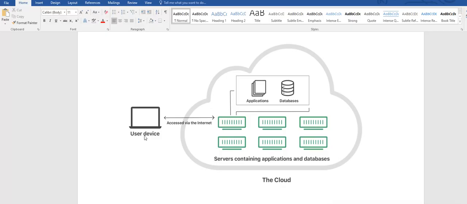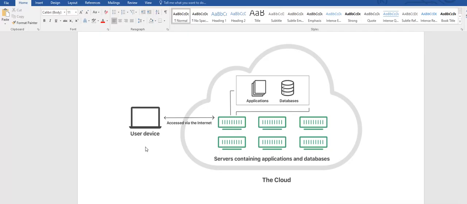The cloud normally uses the client-server architecture, in which the user here is called a client, and these are the servers which reside remotely, and we are accessing these servers like applications and databases using the devices, the browser and the internet. So this is the concept of cloud actually.